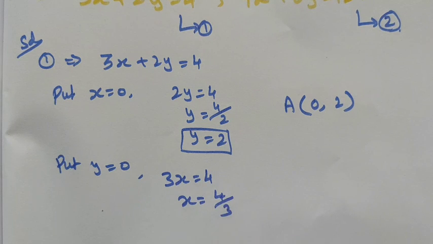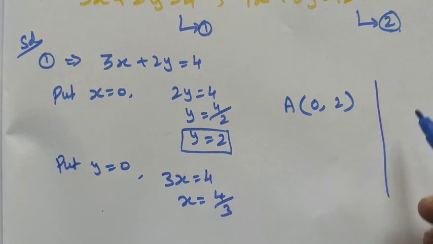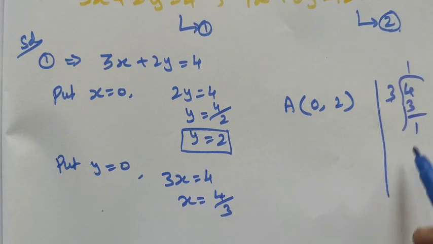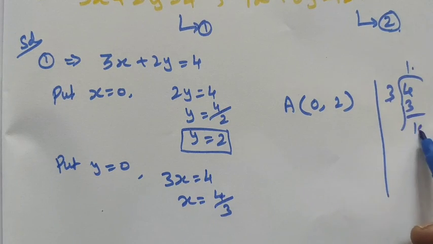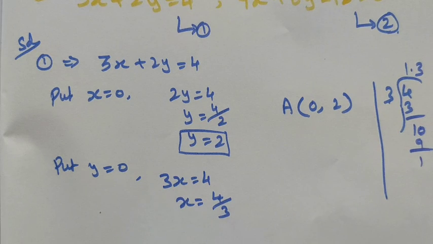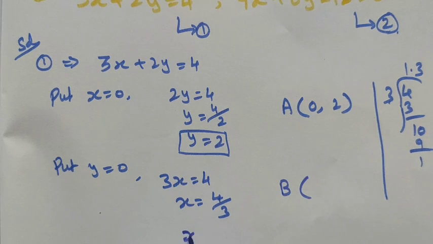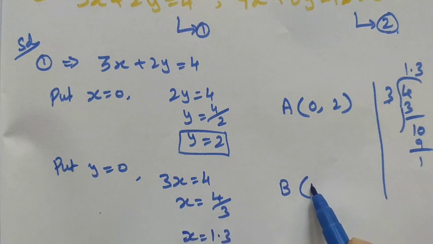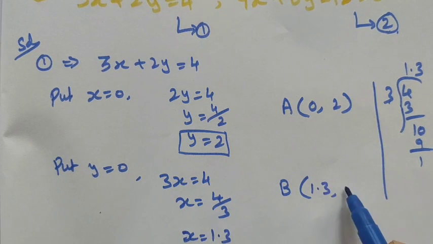If you divide 4 by 3, 3 ones are 3, remainder 1, put a point, add a 0, 3 3s are 9. So we get 1.3 repeatedly. So let me take B as the ordered pair. First we write the x value and then the y value, so x is 1.3 comma y is 0 for the first equation.